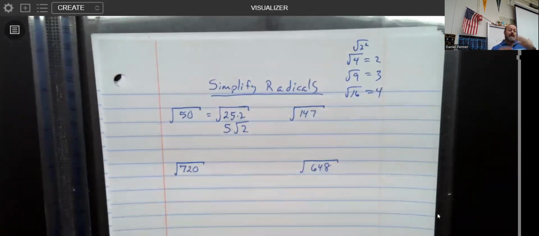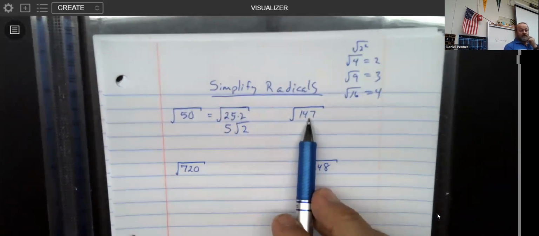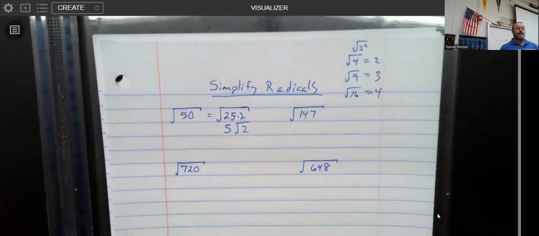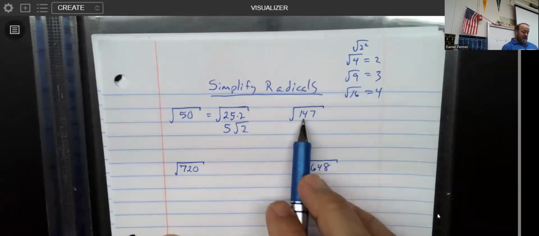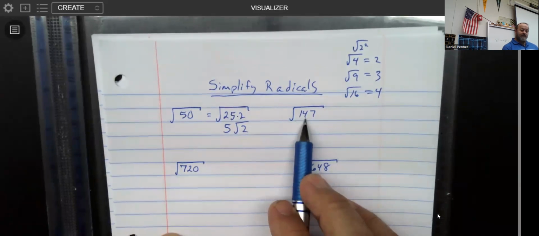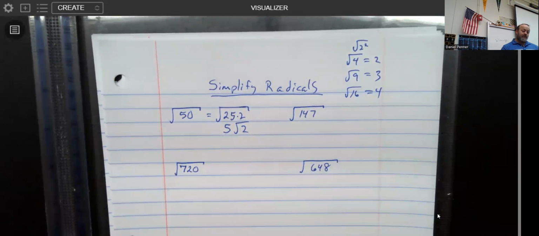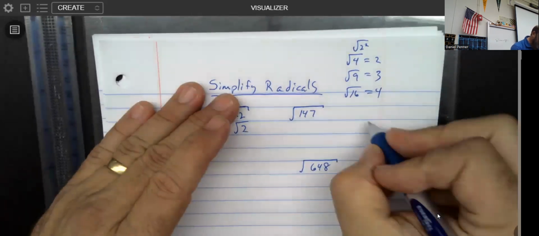So we go through our number sense thoughts. We know this is not divisible by 2, so 4 isn't going to work. It's not divisible by 5, so 25 isn't going to work. But there is a nice trick: if you add up the digits, 1 plus 4 is 5, and 5 plus 7 is 12. Because 3 divides perfectly into 12, 3 is going to divide into 147.